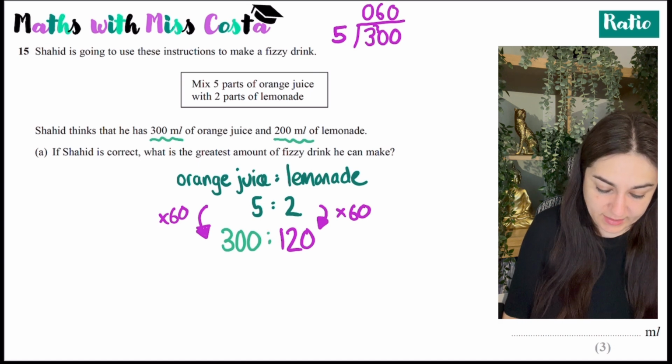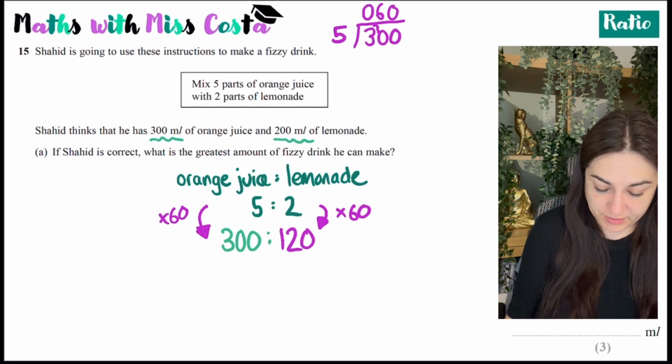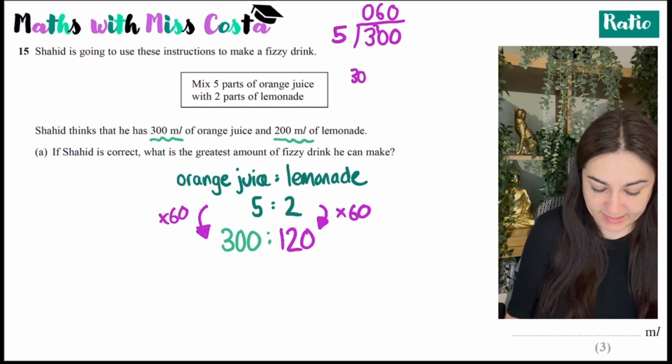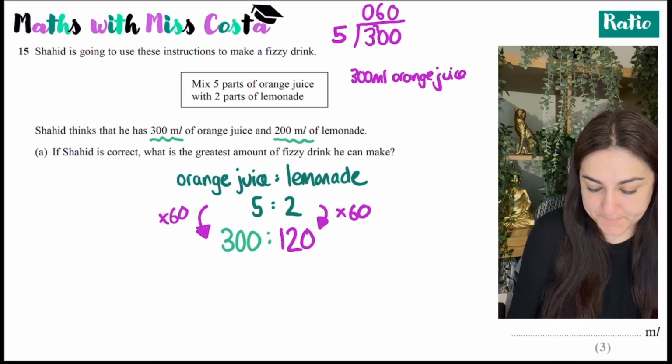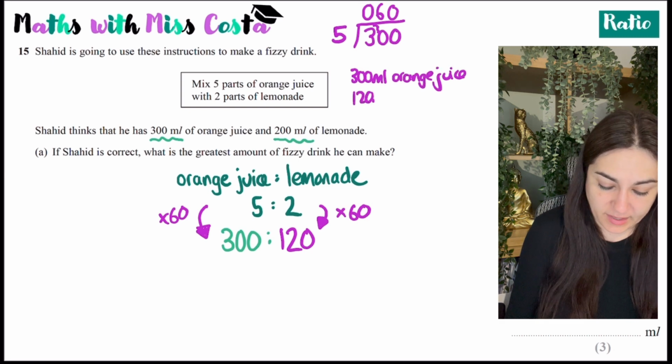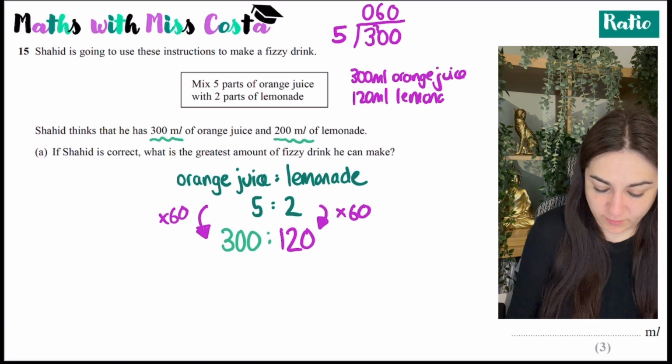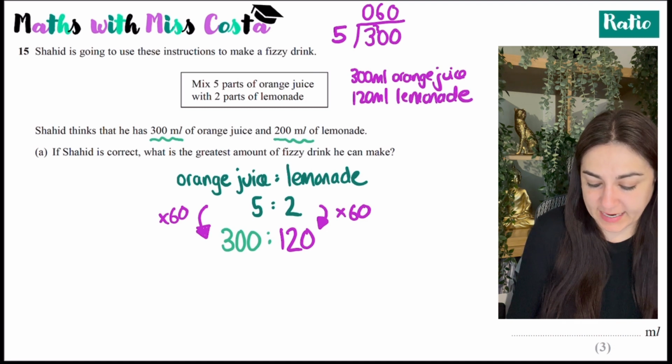So if he has 300 millilitres of orange juice, he's going to need 120 millilitres of lemonade. So I've worked out how much he can make using the maximum amount of orange juice.